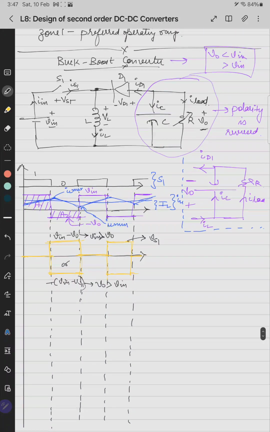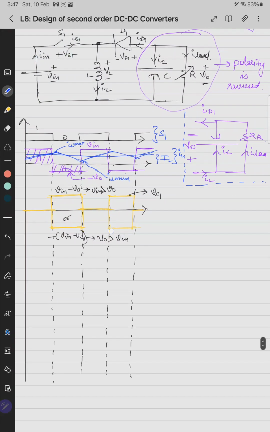Again, the current through the switch will be what? The switch is on, diode is off, Is1 equals to IL. So it will be again like this. So the average value of this will be capital Is1, which will be D times IL.